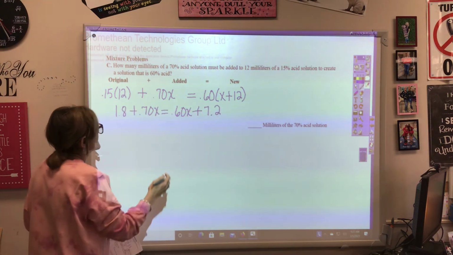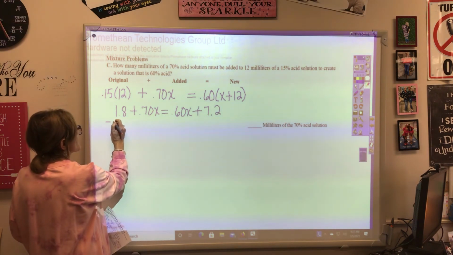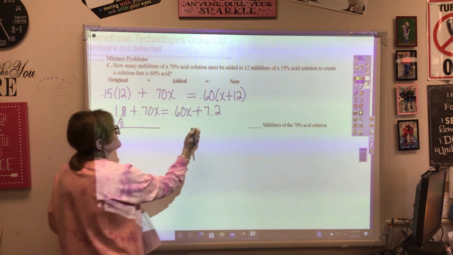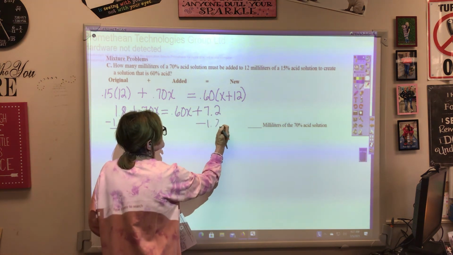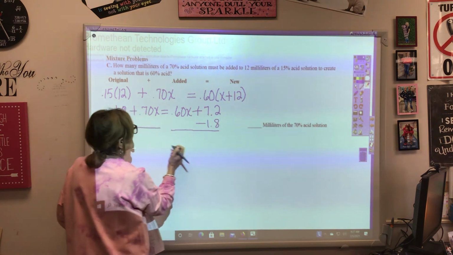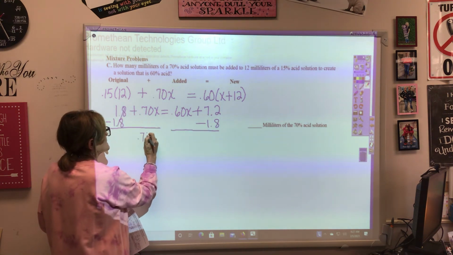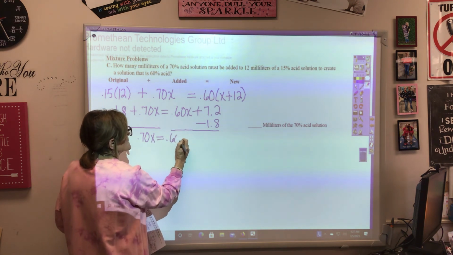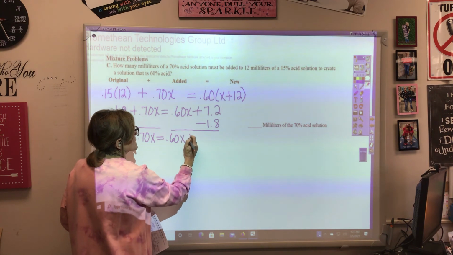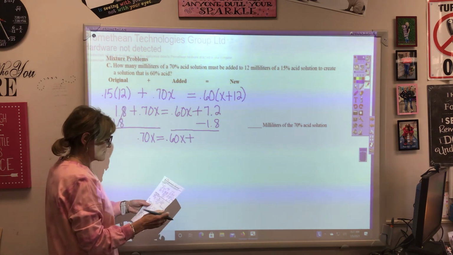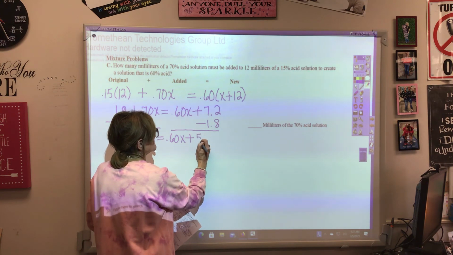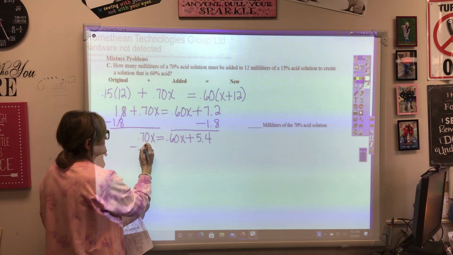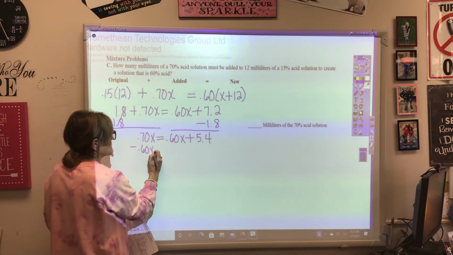So we could go ahead and take away 1.8 from both sides. And that would leave us with 0.70x equals 0.60x plus, I believe that would be 5.4. Now let's subtract 0.60x from both sides to get our x's alone on the left.